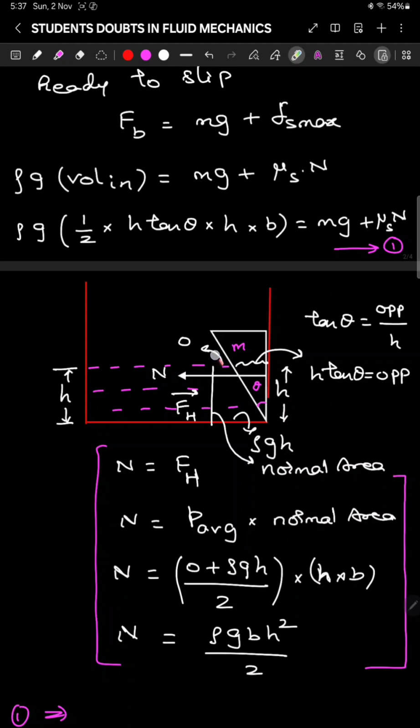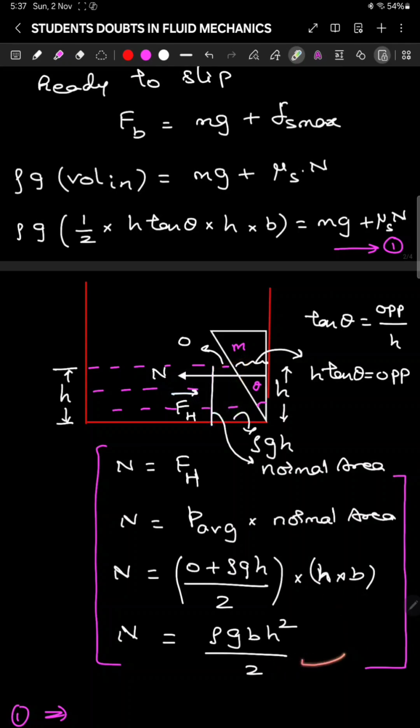Here hydrostatic pressure at the top is 0. There is no pressure due to water. Here pressure due to water will be rho g h because it is at depth h. Then the average of these two values will be 0 plus rho g h by 2, into normal area. It was the normal area. This normal area we can find by using height h and breadth b.